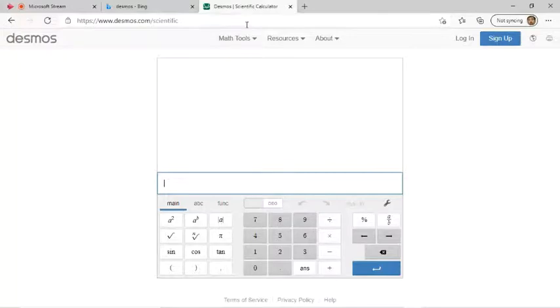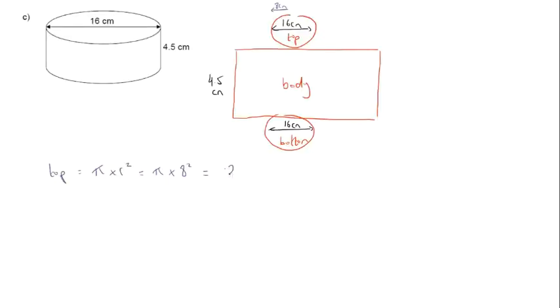I'm just going to do pi times 8 squared, and you get 201.06 centimeters squared. That's 2dp. If you use 3.14 for pi, then you will get a slightly different answer.